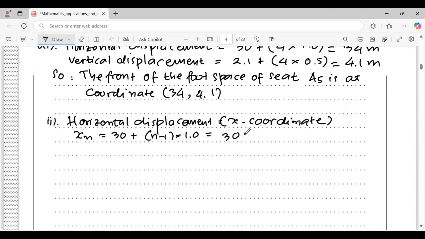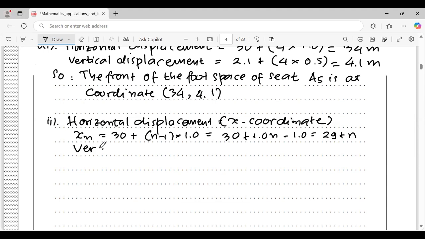It becomes 30 plus 1.0 n minus 1.0. It is 29 plus n.